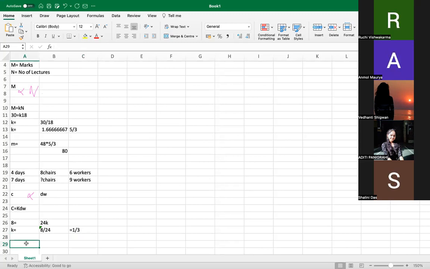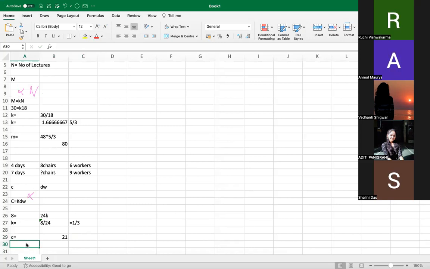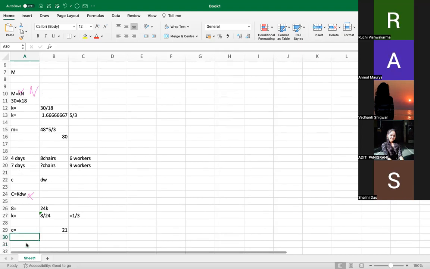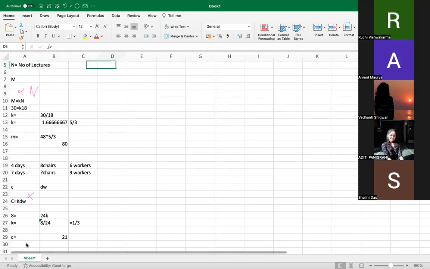So I will say T W is equal to 7 into 9 by 3, which is equal to 21 chairs made. Any doubts so far? No, ma'am. Can we do a similar problem from the exercise? You will copy 3 problems at a stretch. I will give you some time to copy.